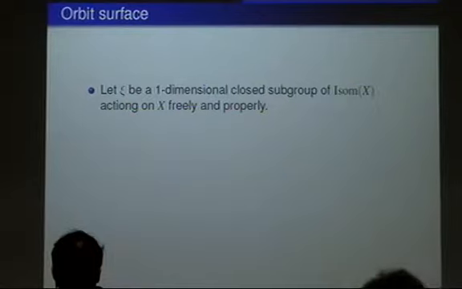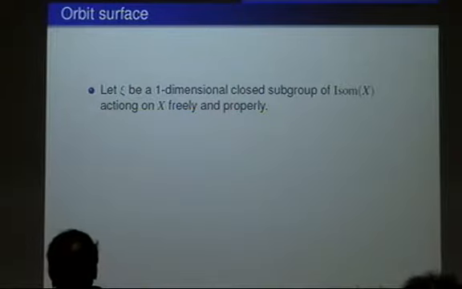Okay, so what I'd like to do is consider the isometry group of X acting on X. Now I'd like to find a one-dimensional closed subgroup, which I will call Xi, which acts on X freely and properly.